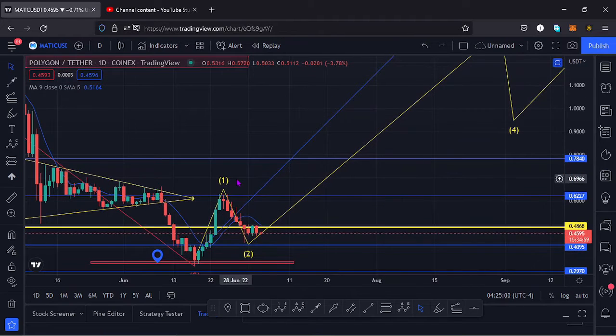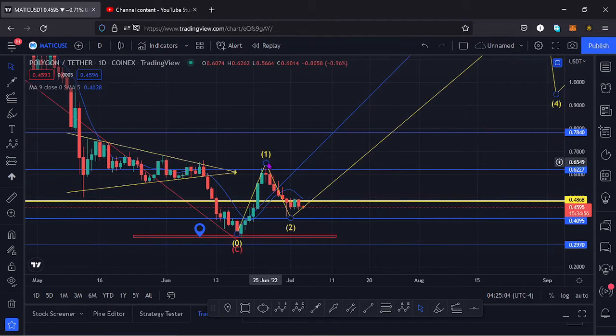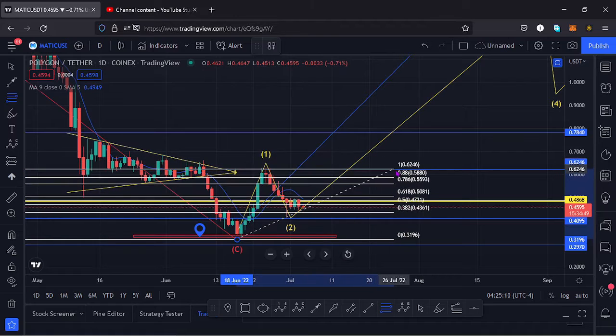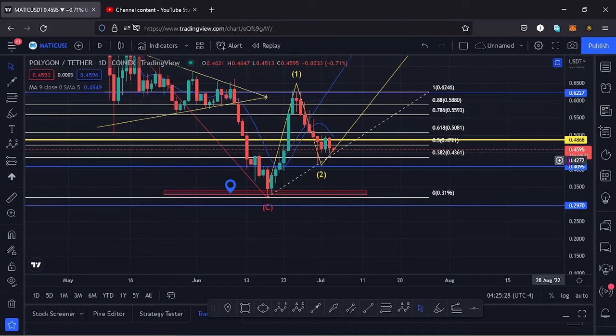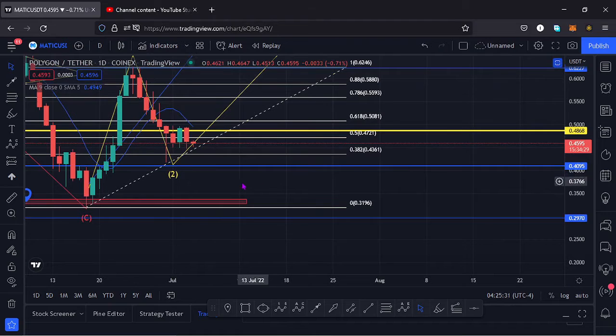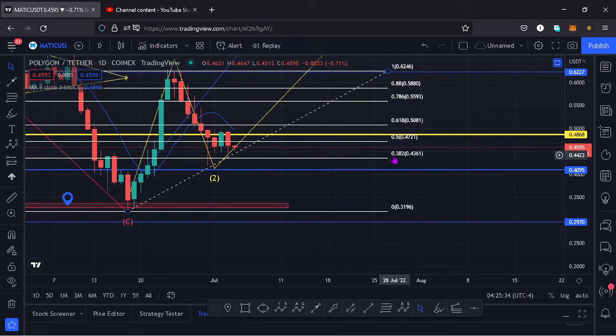And if I try and use the fibs to see where that wave 2 can retrace to, if I apply the fibs from this low to this high of that wave 1, that wave 2 should retrace to around the fib level 0.5 and the 0.618, and if it breaks below those key areas on the Fibonacci, it can go to around the 0.382 fib level, and that has happened.